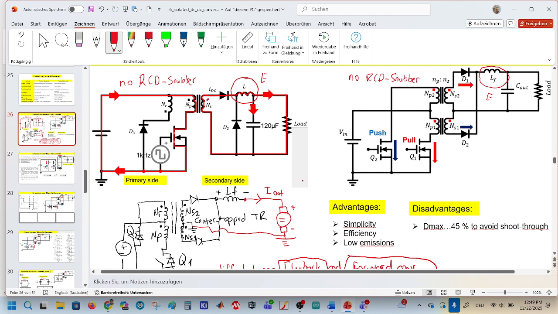The question was, how can we solve the peak voltages that would be caused during the off time of the switches on the drain source? The answer was to look at the secondary side. In the push-pull converter, the flux that is built up during the on time will be reflected to the secondary side or will be demagnetized with the help of the secondary side.